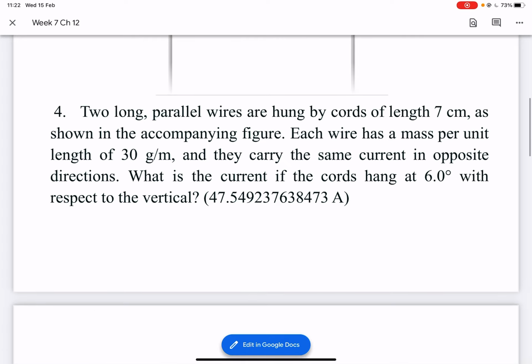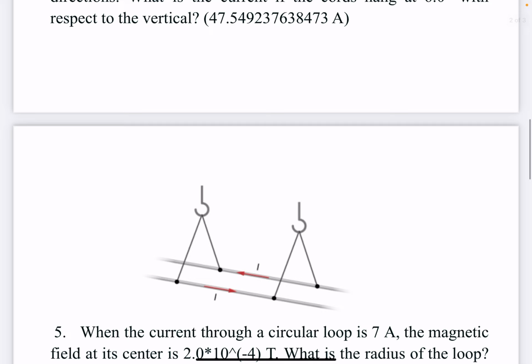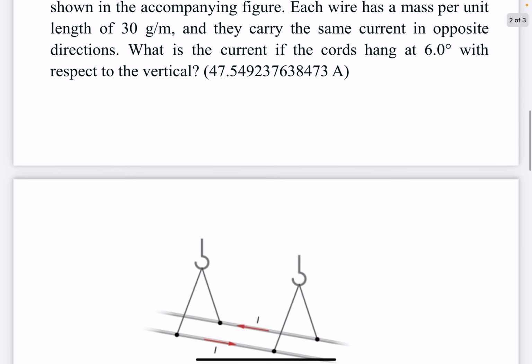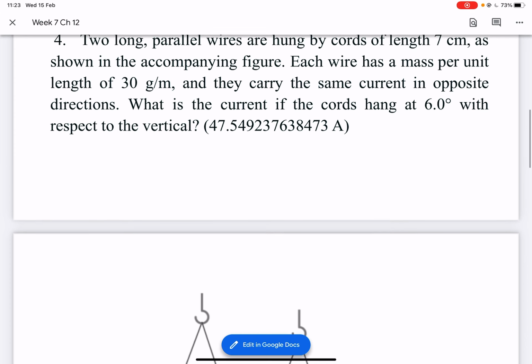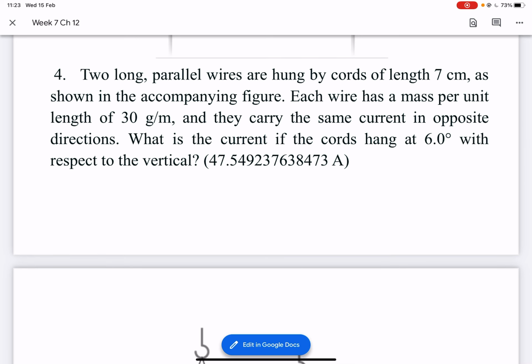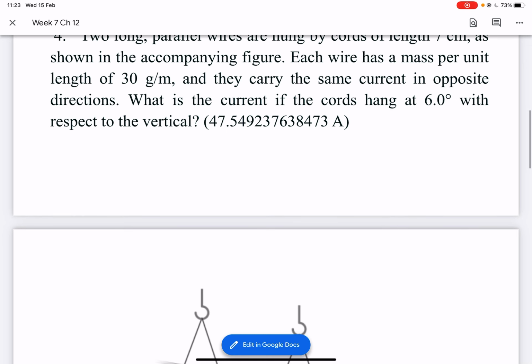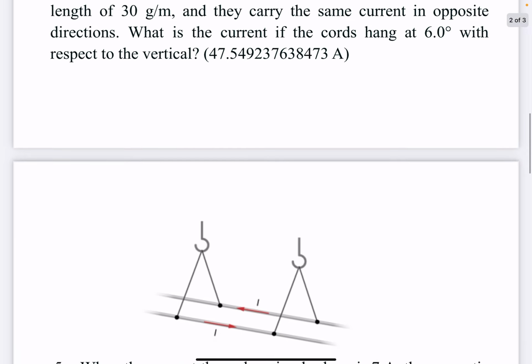Each wire has a mass per unit length. They carry the same current in opposite directions. What is the current if the cord hangs at an angle with respect to the vertical?